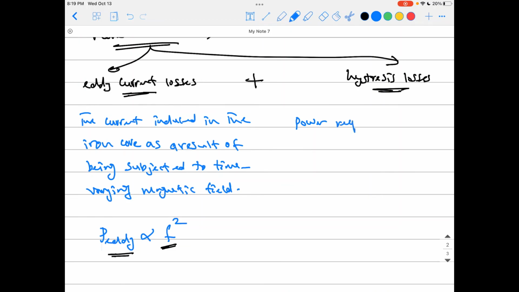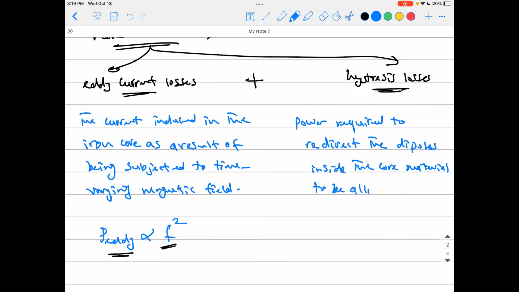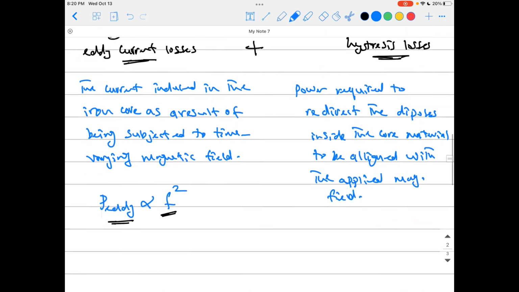So it's the power required to redirect the dipoles inside the core material to be aligned with the applied magnetic field. What is this?